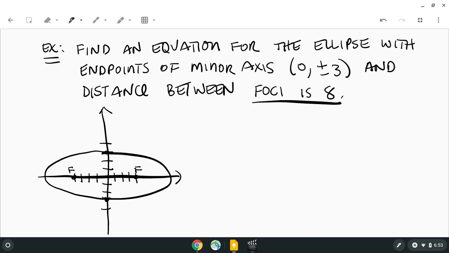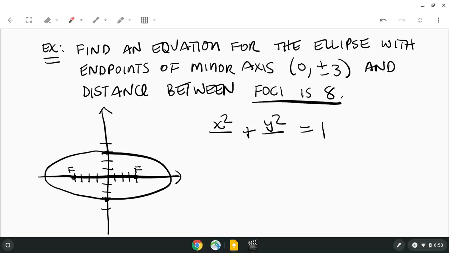So we know that it's x squared over something plus y squared over something equals 1. When we take a look at this, we know the vertical axis.